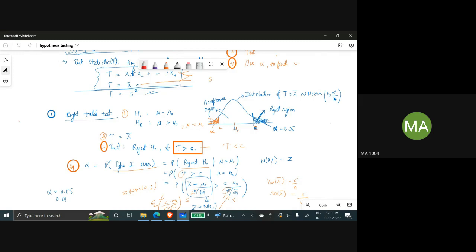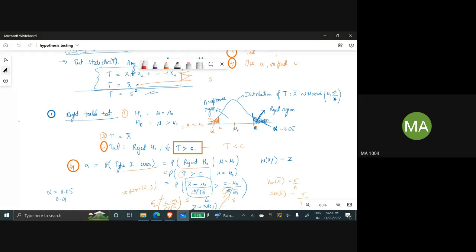One is called the right tail test, another is called the left tail test, and the next is called the two tail test. In the right tail test, you have H naught to be mu equal mu naught always, and HA, you say your mu is greater than mu naught.